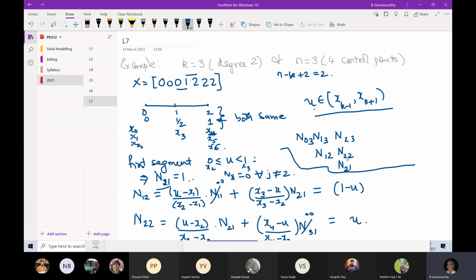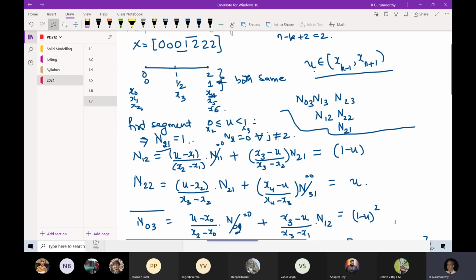And so I calculate this now, and this is again just so that you feel comfortable. I have applied the formula as I have seen it. Now this is a little difficult to say because, as I said, I don't seem to have the right result, but maybe I have made some mistake in algebra somewhere that you can catch. So the expression is (u minus x_i) by (x_{i+k-1} minus x_i) and N_{i,k-1}.